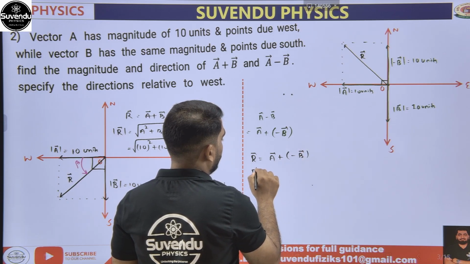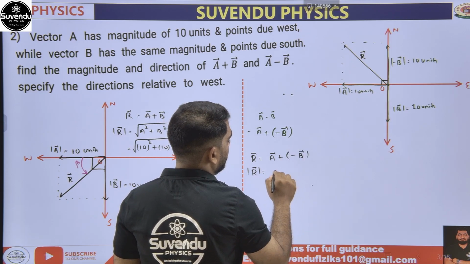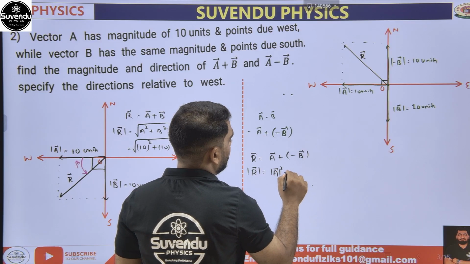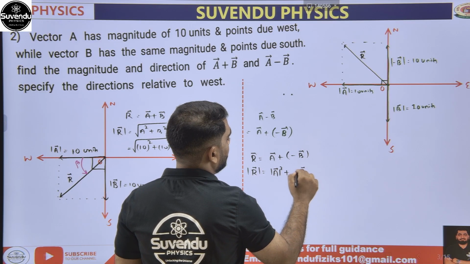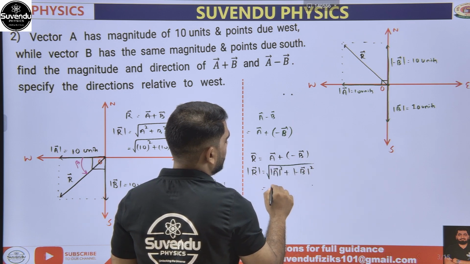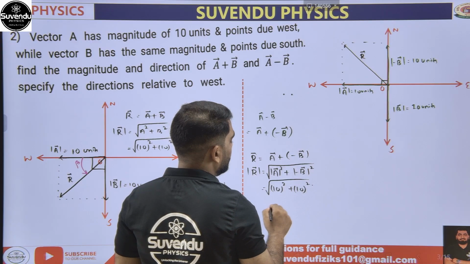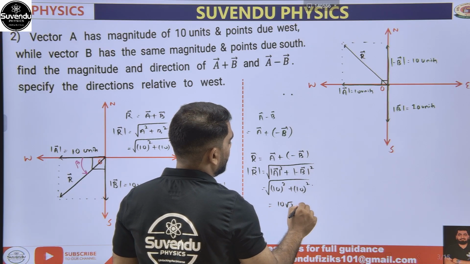What is the R vector magnitude? As these two vectors are perpendicular to each other, it is the square root of A mod square plus the second vector mod square. This is also the square root of 10 square plus 10 square, that is 10 root 2 units.